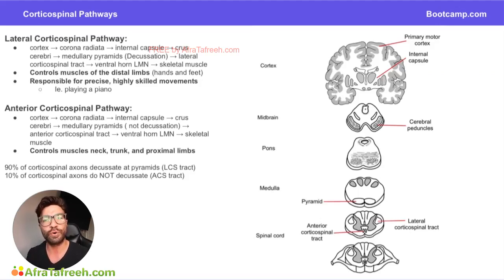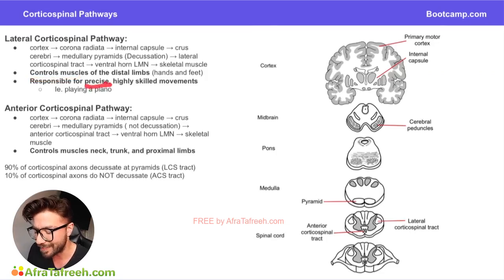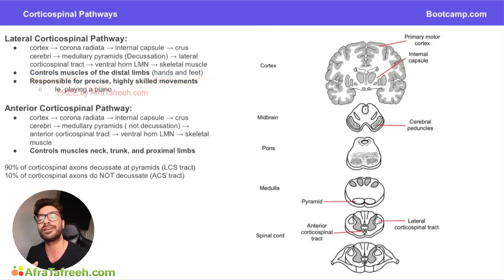So the lateral corticospinal tract, this is going to be involved in controlling the muscles that are responsible for precise and highly skilled movements, specifically in the hands and feet. So these are going to be found innervating those muscles in the forearm, which are controlling the hands, as well as those muscles in the leg, which are controlling the feet.